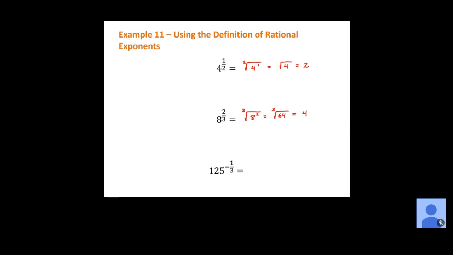Now, remember, it said that we could actually rewrite this as the cube root of 8 and then square all of that, right? So another way to write this one would be the cube root of 8 all squared, right? It doesn't matter whether the square goes on the inside or it goes on the outside as long as it's in the exponent. In this case, though, what would you do first?